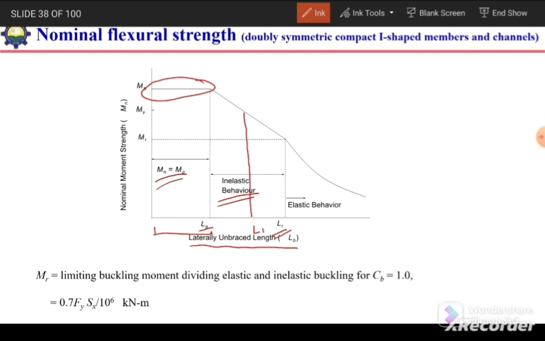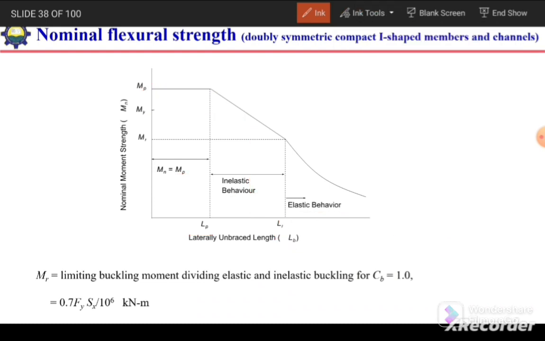For example, for this L_b value, we will intersect this line, and corresponding to that we can calculate the moment value. If the unbraced length is more than L_r, we will have elastic lateral torsional buckling, and its capacity can be calculated by F_cr times S_x.